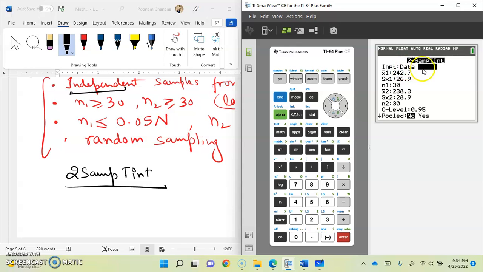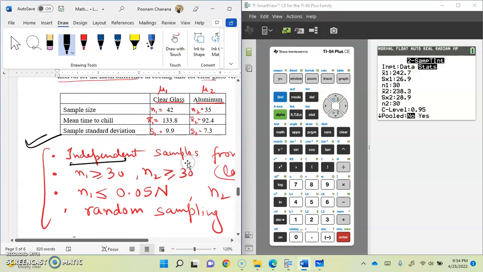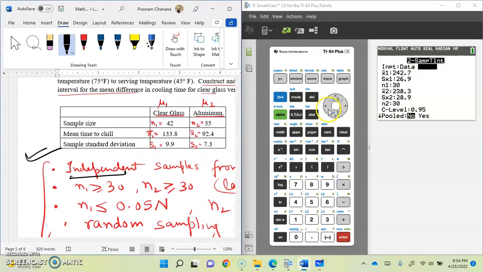The data is independent and we are given the stats, so let's go to Stats. Let's enter them one at a time. x1 bar is given to be 133.8, s1 is 9.9, n1 is 42. x2 bar is 92.4, s2 is 7.3, n2 is 35.